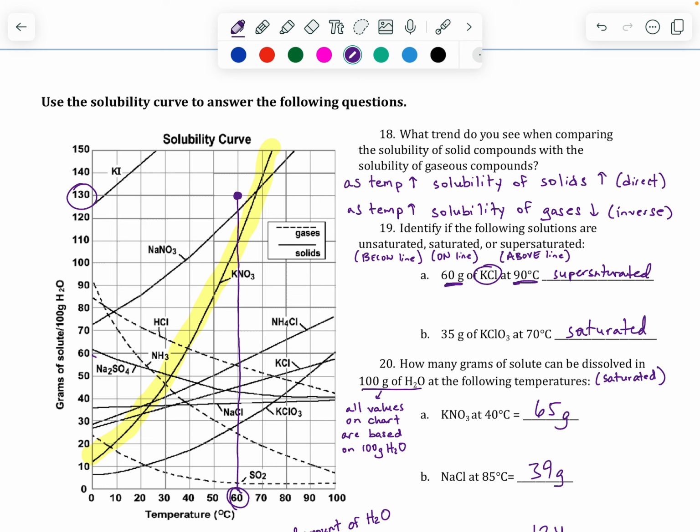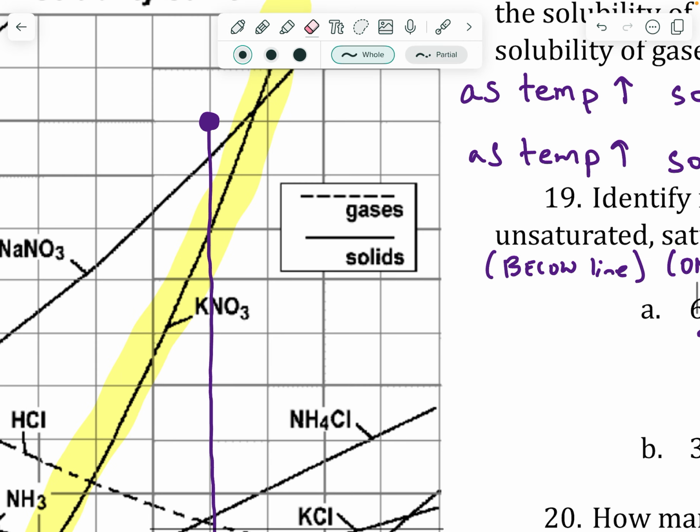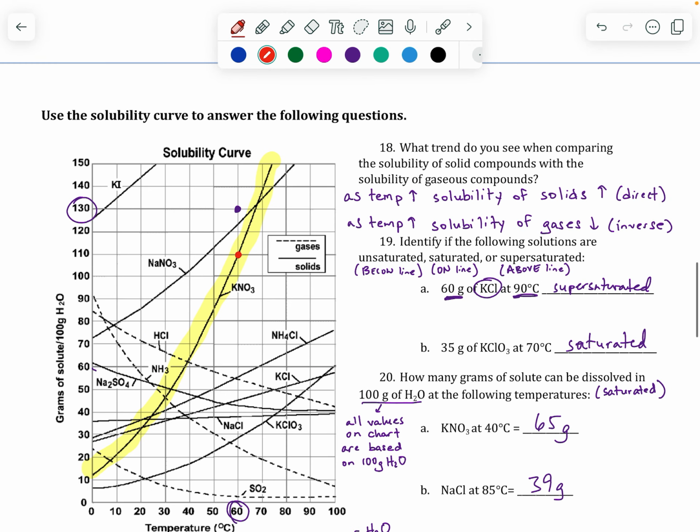And so what I know is that because this is my saturation line, at that temperature, I can only hold as much as it can when it hits the line, right? So really, I can only hold 110 grams. But I'm telling you that I'm trying to put 130 in there. That's not going to work at that temperature. And so what I do is very similar. I say, well, how much will precipitate out, right?